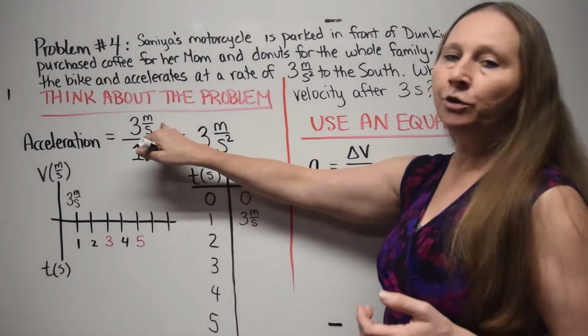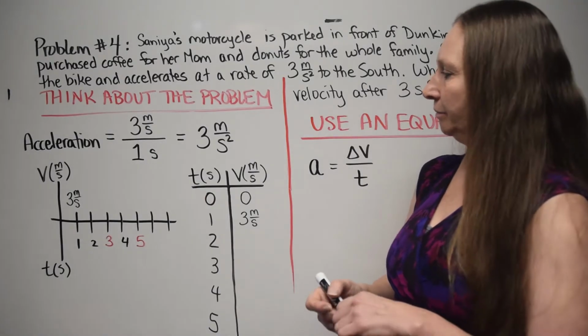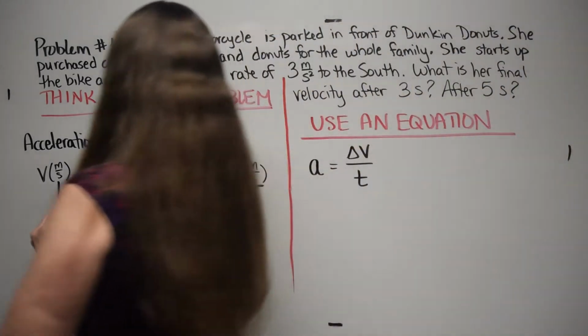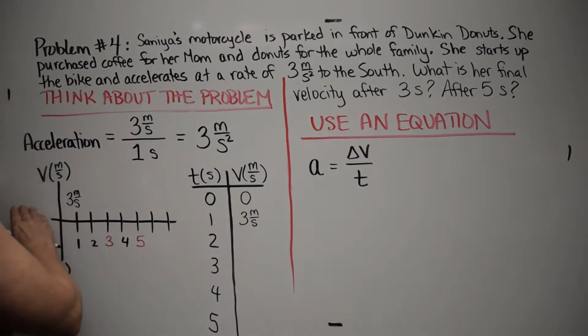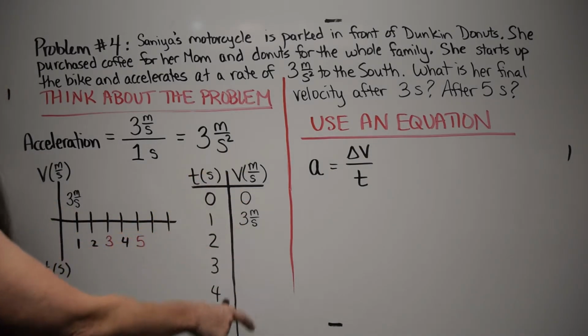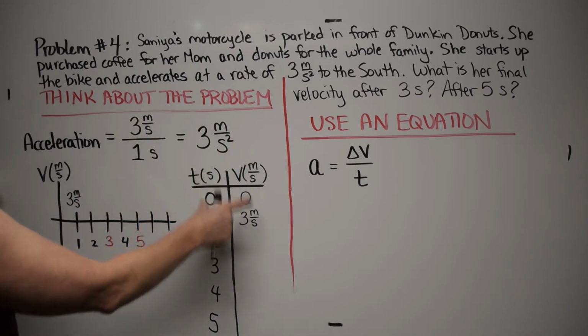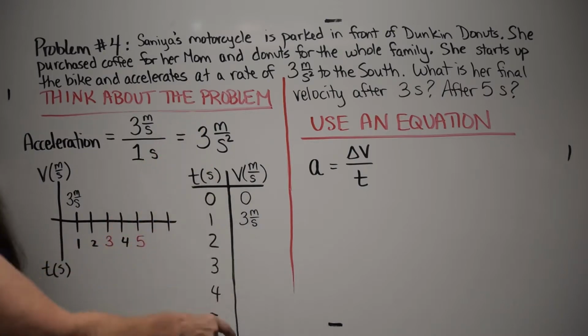So it's going to increase 3 meters per second every second. All right, now, you can do a number line, you can do a chart. You could have also done a chart in the first three problems. Really, the chart is just a number line, but vertical.